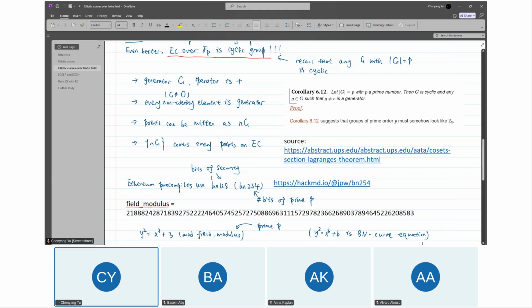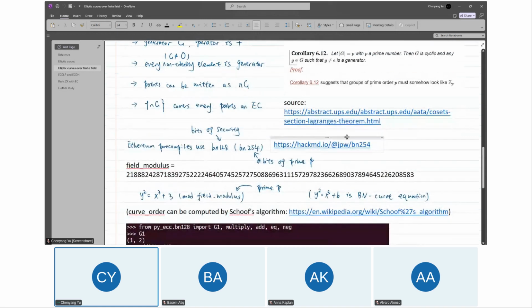They are just different names for the same curve. So this curve has a 254-bit prime p, and the security is 128 bits.